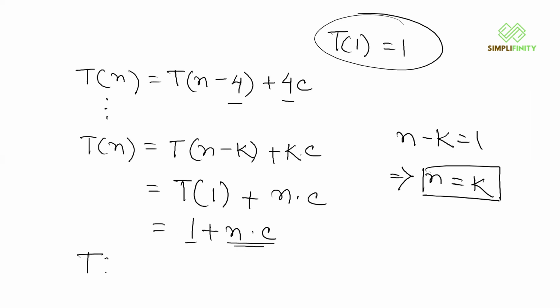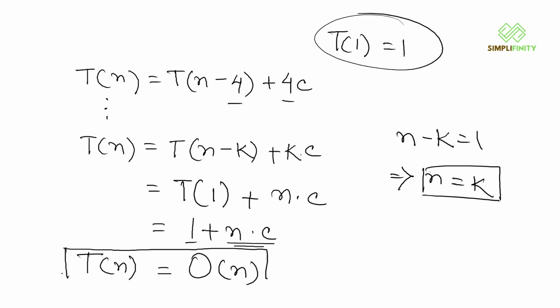So what we can write is the time complexity T of n is big O of n. This grows linearly. The algorithm has a linear growth, so you can say this is the time complexity out of the recurrence relation.